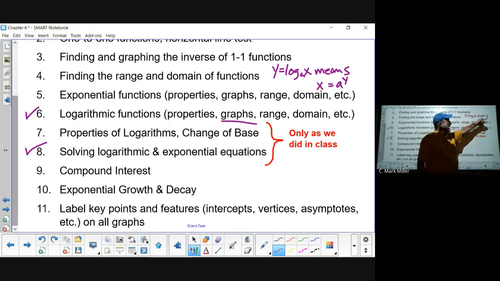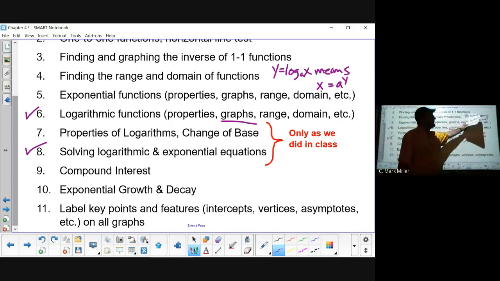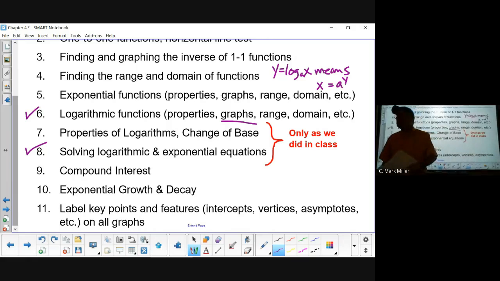So y is the power to which you must raise the base to equal what you're taking the log of. That is the key to start number 3. Then you're going to do equal bases on each side. Once you do this on number 3, it becomes an exponential problem, which is why we did logarithms after exponentials.